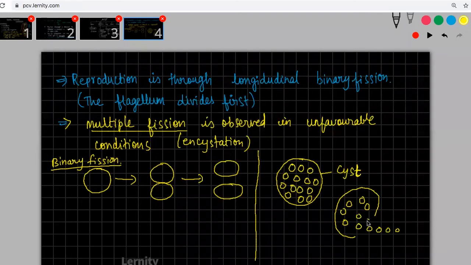So this is what you call multiple fission. One copy which was inside has become multiple copies and then finally it is releasing. Since the cyst is formed, we call this method encystation.